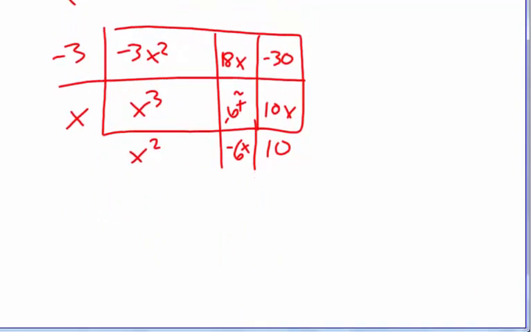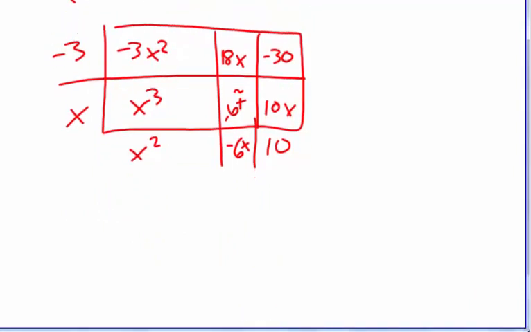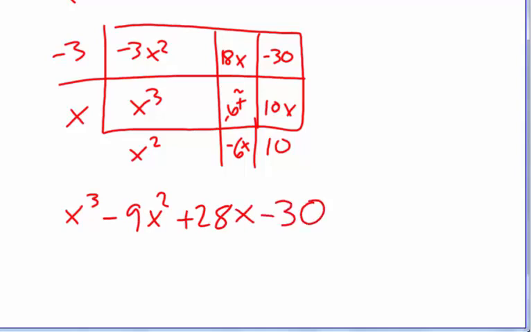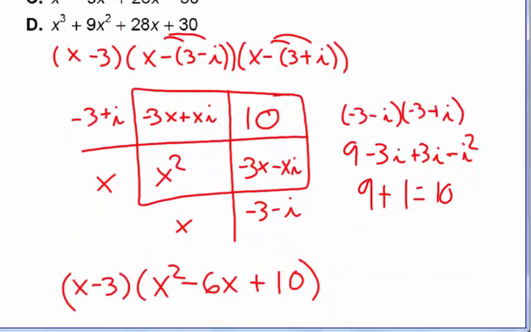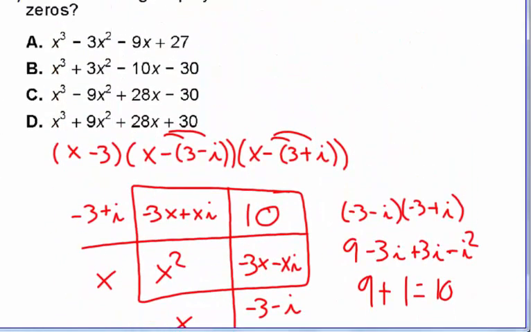And then we can combine our like terms. We'd have x cubed minus 9x squared plus 28x minus 30. So our answer would be C.